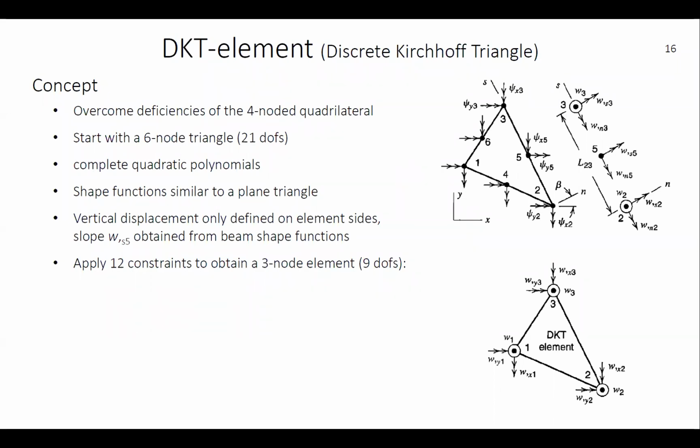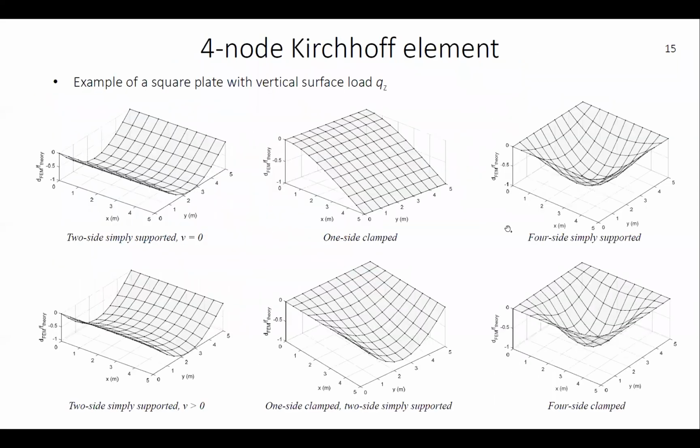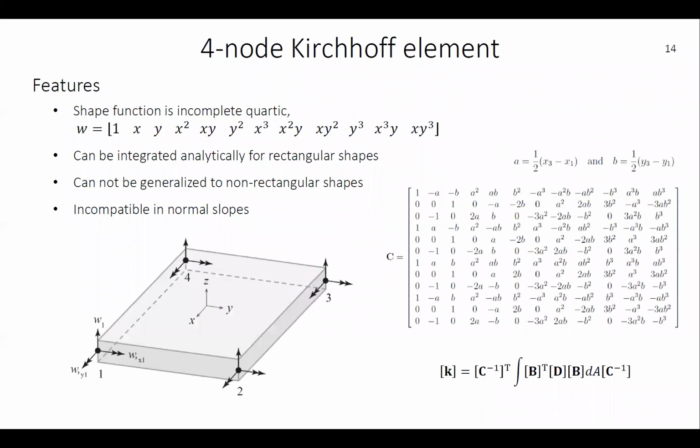Okay, so I will now continue with a triangular element. Previously we saw the four-noded Kirchhoff element, which had some deficiencies in only being able to have rectangular shapes, and some problems with incompatibility at normal slopes.